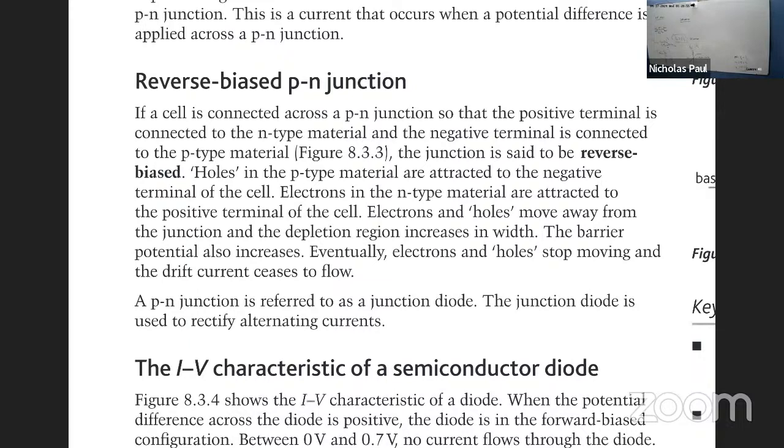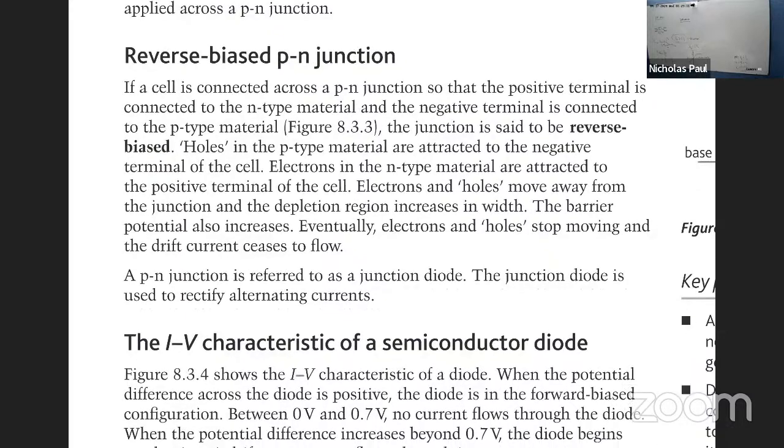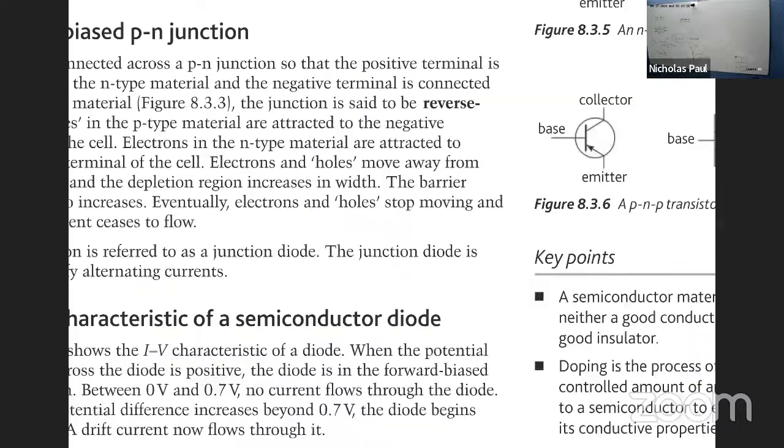The electrons and holes move away from the junction, right? And they make the depletion region larger in width. The barrier potential also increases. Eventually, electrons and holes stop moving and the drift current ceases to flow. The PN junction is referred to as a junction diode. The junction diode is used to rectify alternating currents. I mean, you know that already, right?